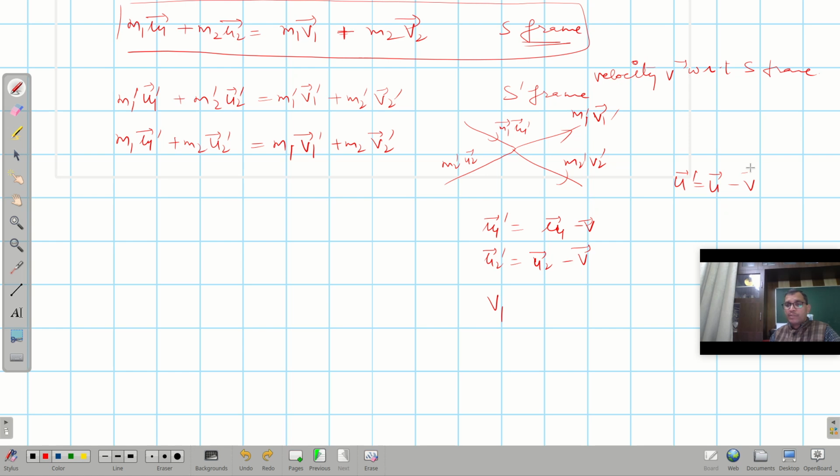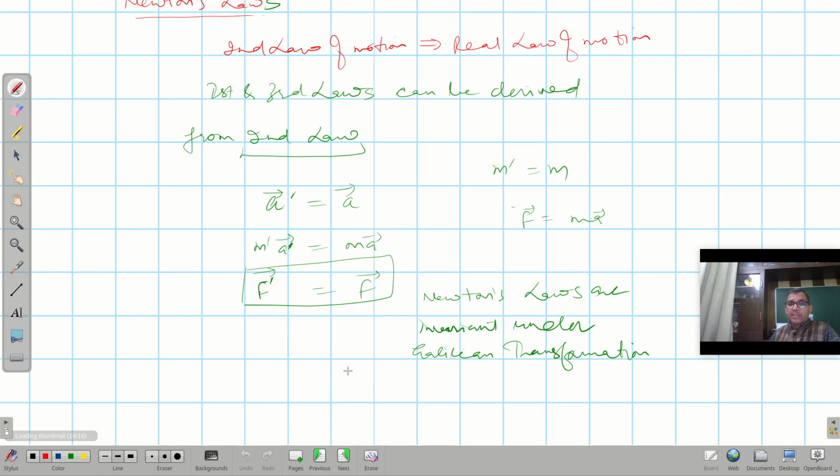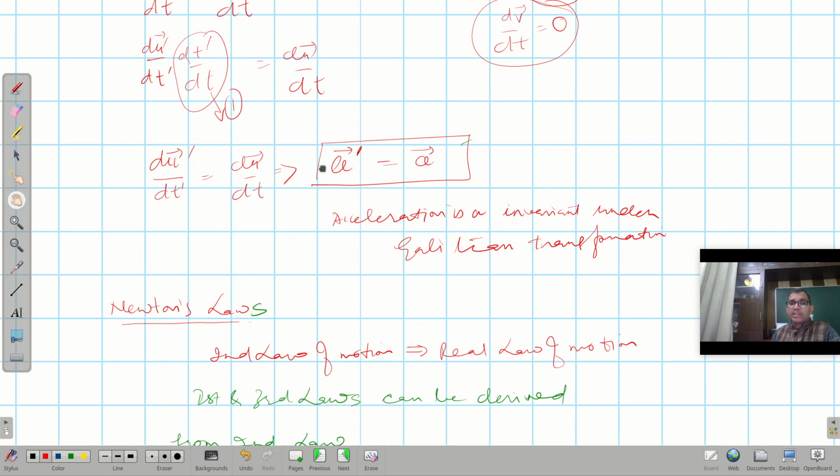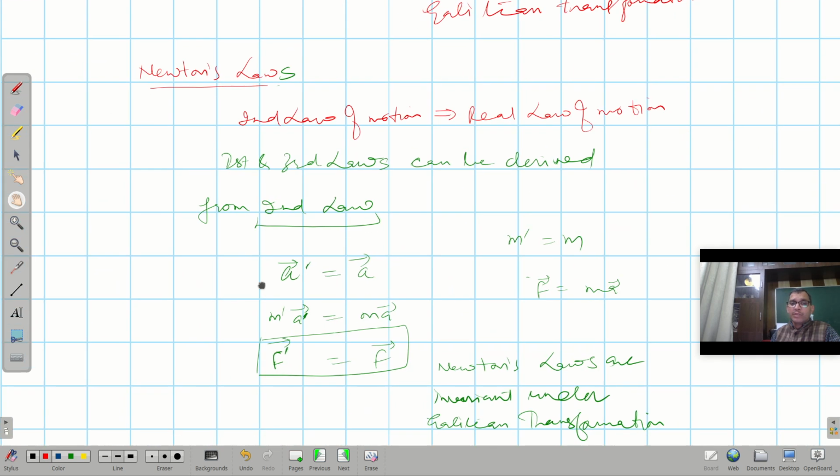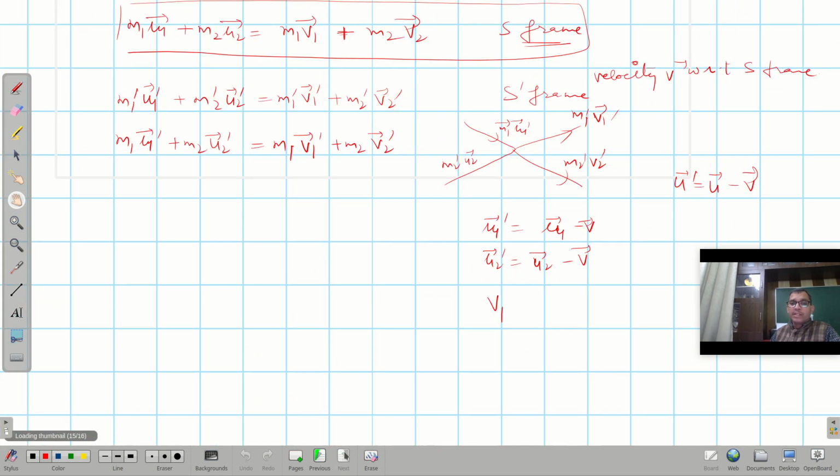I applied this particular relationship here, and similarly v1 prime is v1 minus v, and v2 prime can be written as v2 minus v.